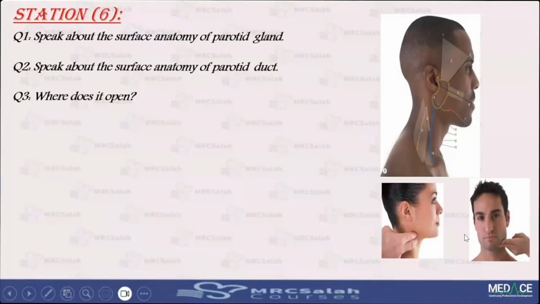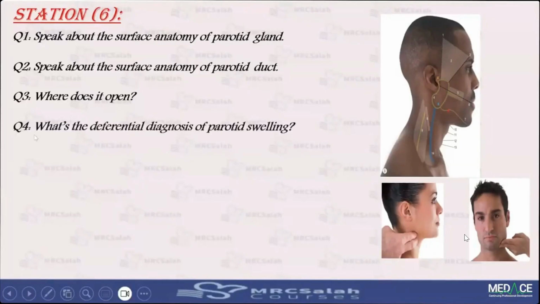In the vestibule of the mouth, opposite the second upper molar tooth. Dr. Salah mentioned the answer. Anterior, just anterior to the masseter, then piercing the buccinator muscle, and then it opens where you mentioned.